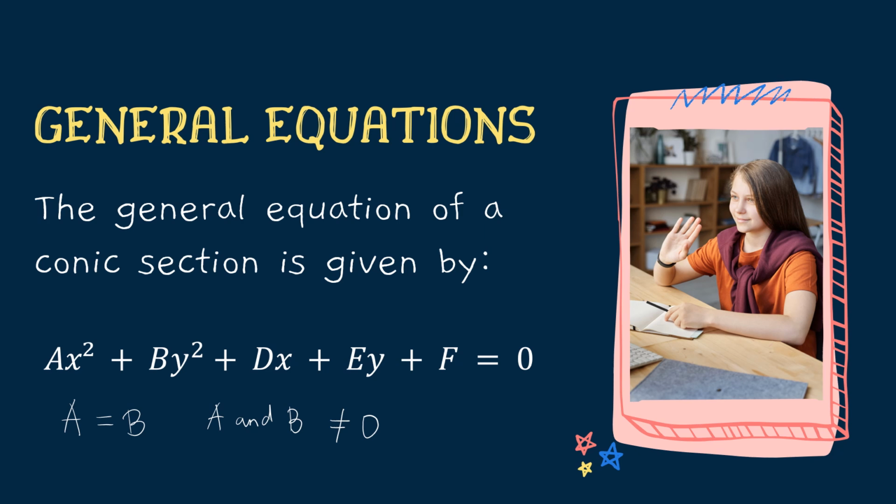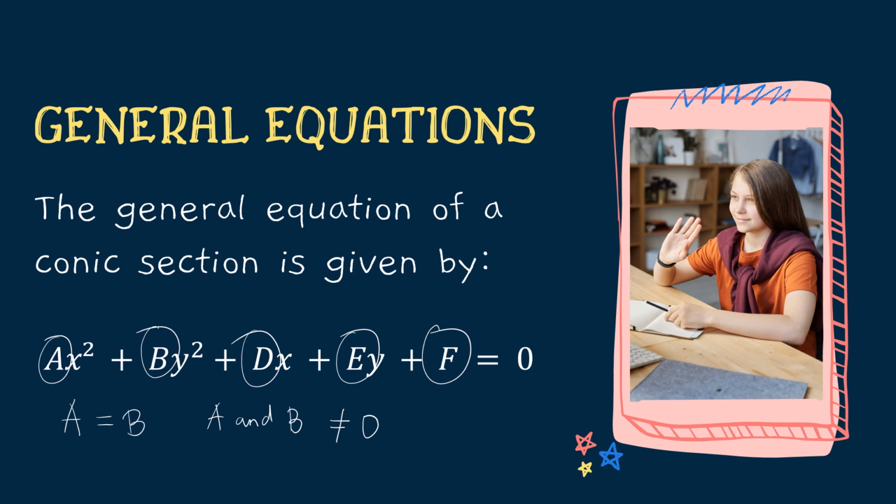Again, for your circle, the values of a and b should be equal, and a and b are not equal to 0. These variables a, b, d, e, and f are constants or coefficients. They have values. But x, y, x squared, y squared are your variables.